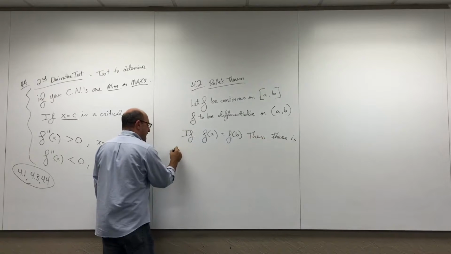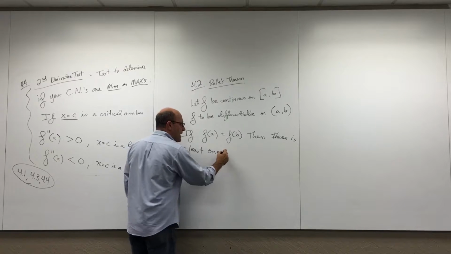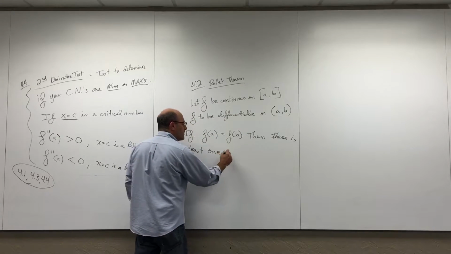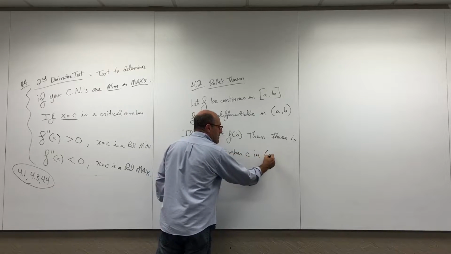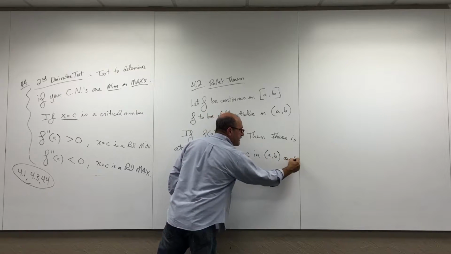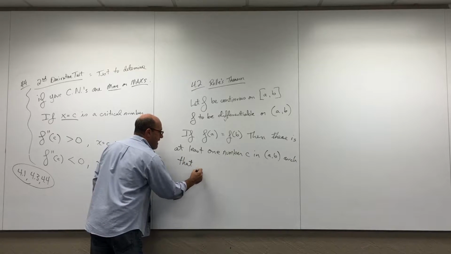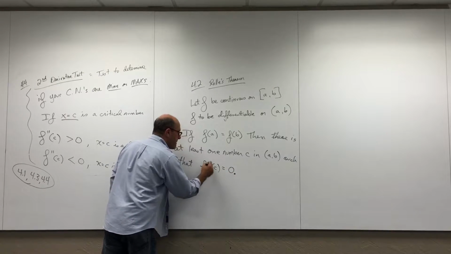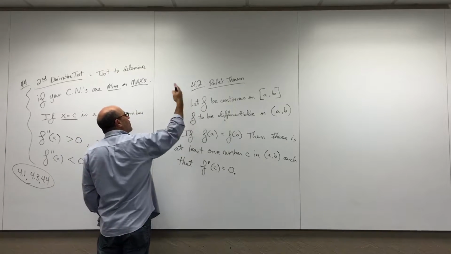Then there is at least one number c in (a, b), in the interval (a, b), such that f prime of c equals 0. Now, what do you think about Rolle's theorem?